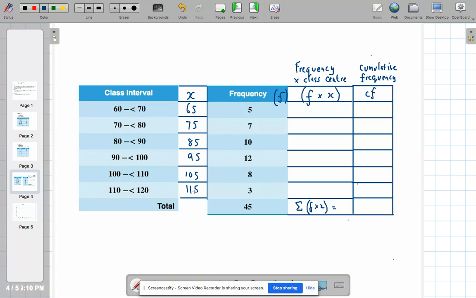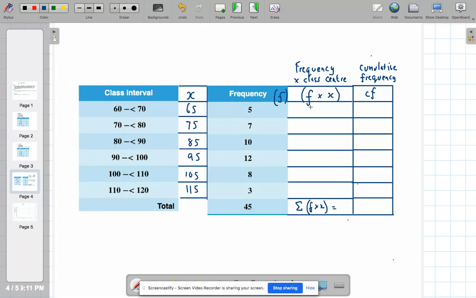Then we multiply the frequencies by those class centers. I've got my book here, and I'll just copy them from the book to save time. So 5 times 65. We're doing f times x, frequencies times the class center.